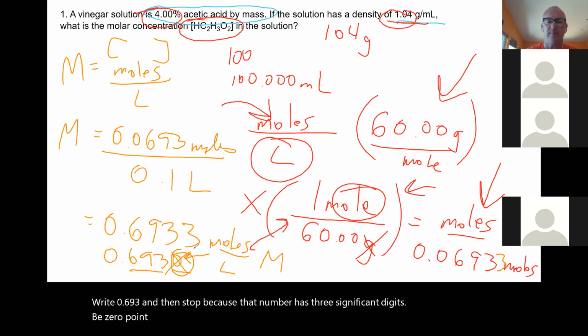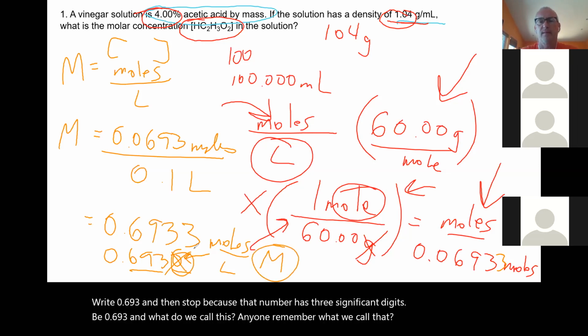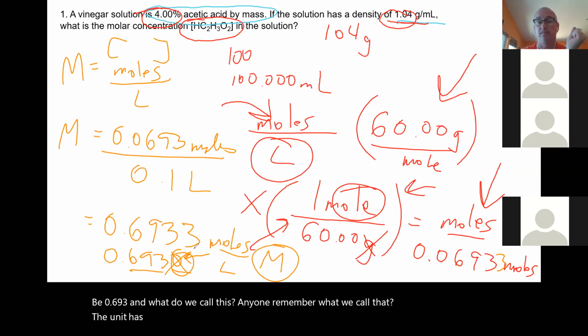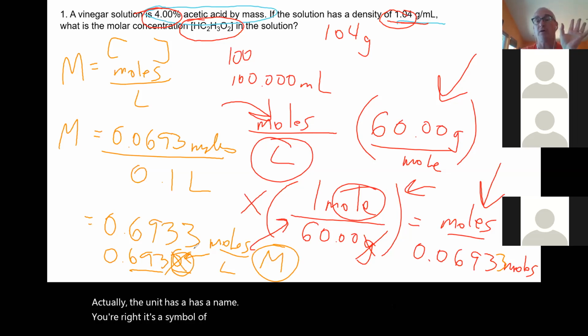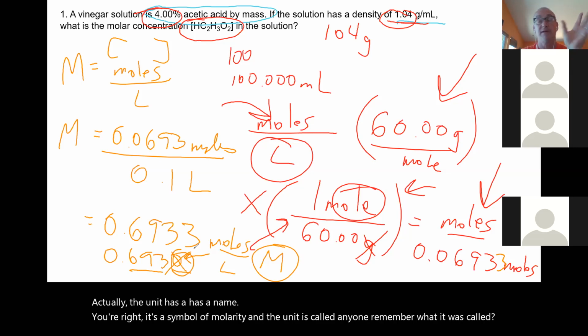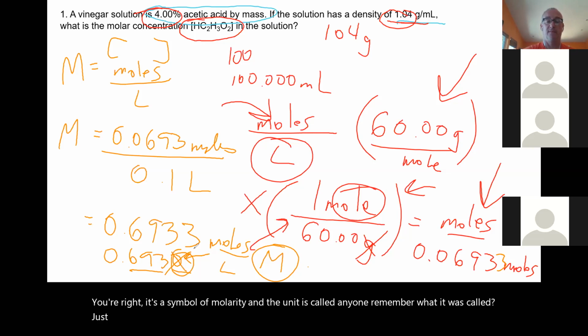And what do we call this? Anyone remember what we call that? Molarity? Yeah, but actually the unit has a name. You're right, it's a symbol of molarity, and the unit is called... Anyone remember? Just molar, like the tooth.